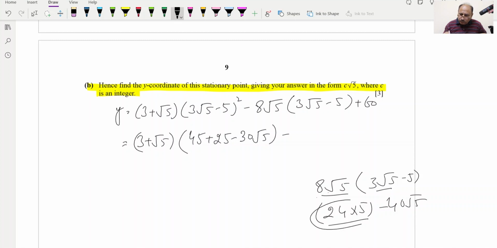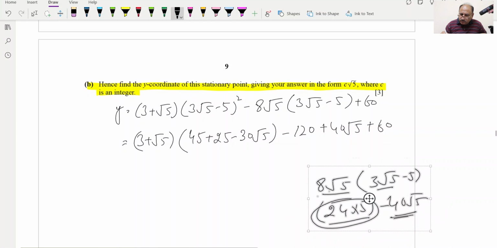So this portion will be 120, which I have written over here, and this minus this will be due to this minus which is outside. This minus will be changed to plus, so we'll write here plus 40 under root 5. Hopefully you understood this. Then plus this last tail portion, which is 60.